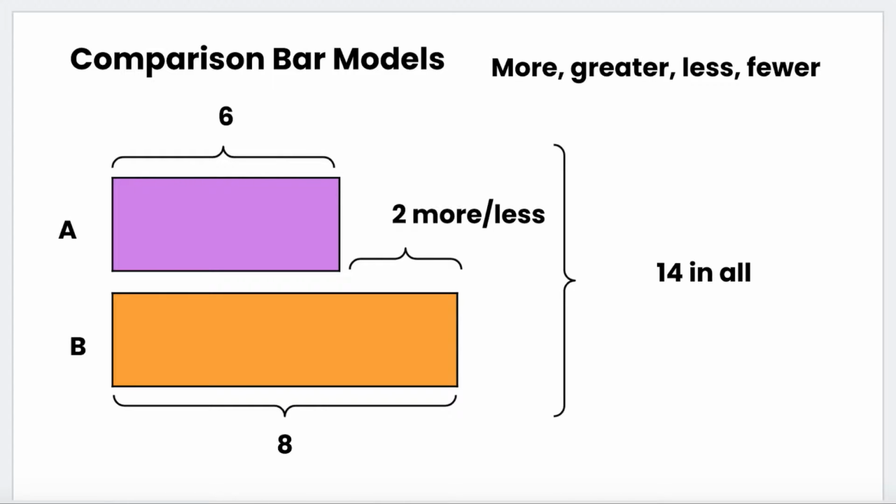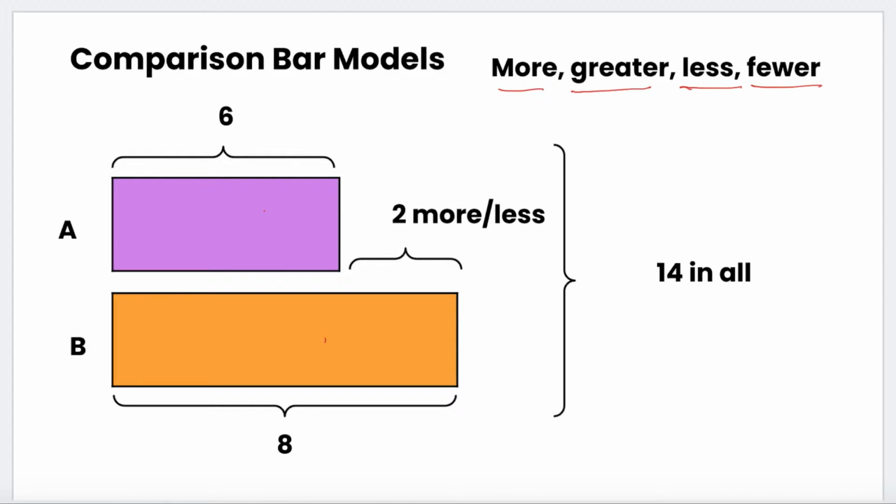When we see the words more, greater, less, or fewer, that usually means that we're comparing two different values of two different amounts. So I like to use Starburst as an example. Let's say I have purple Starburst and orange Starburst.